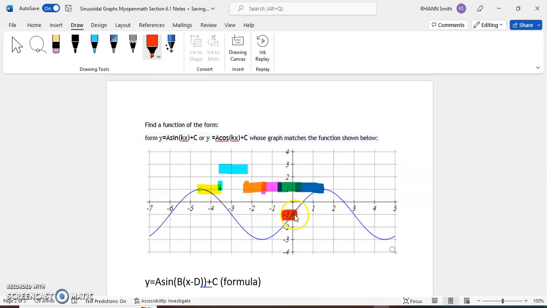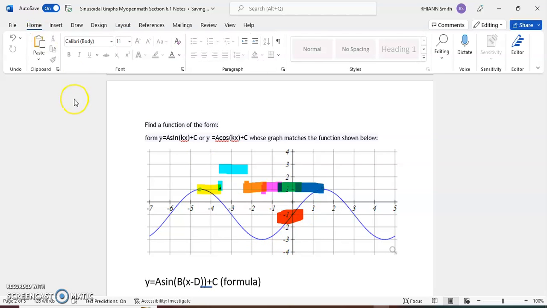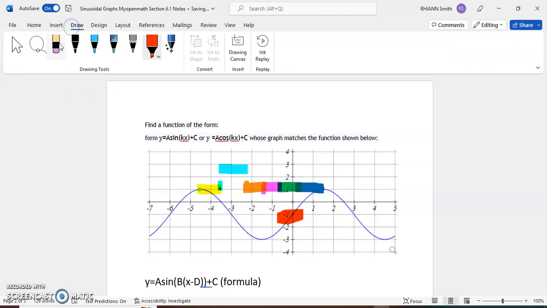As we can see here, the graph actually touched the midline at, let me actually draw the thing, at 0, -1. So in other words, when x is equal to 0, it does in fact touch the midline at -1.